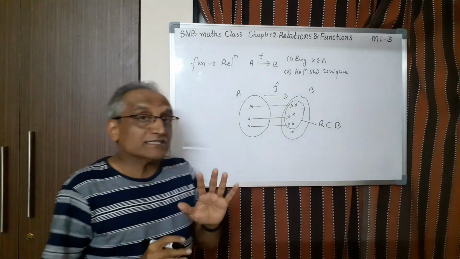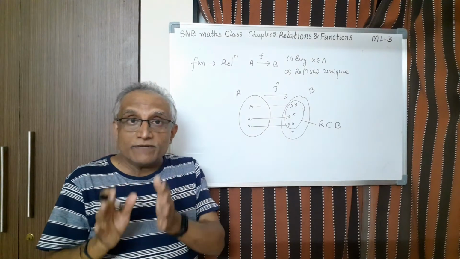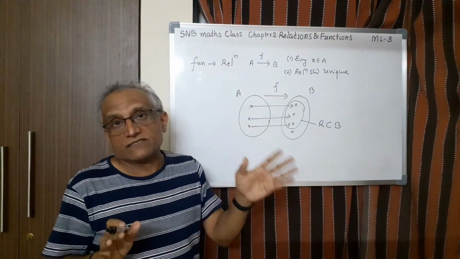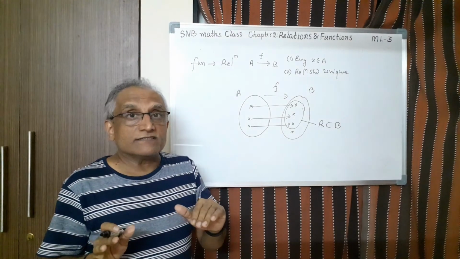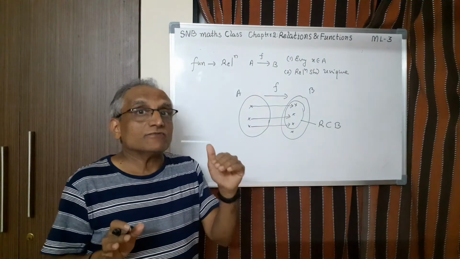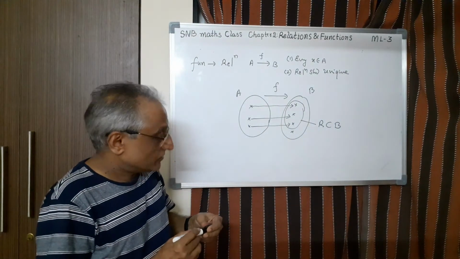Then I mentioned one type of function, real valued function, where the domain can be anything, but codomain is the set of reals or a subset of reals. Then real function means both domain and codomain should be subsets of reals, or it may be reals. So this is what we have studied today.